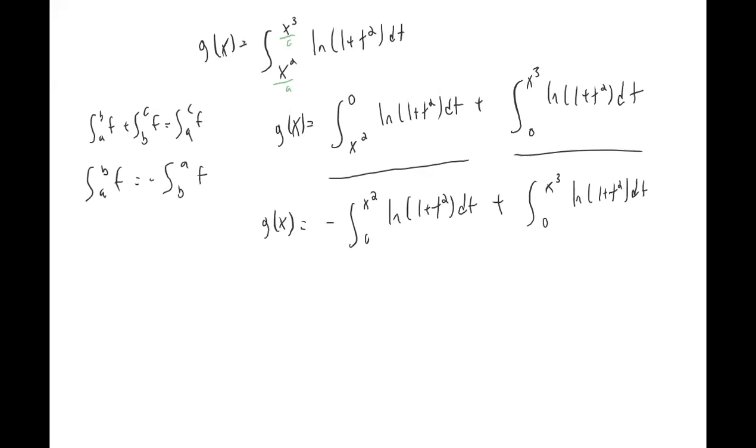Now G prime is, hopefully you know what to do by now: plug in x squared, 1 plus x to the 4th, times, so that we're doing it the fast way, the derivative of x squared, plus plug in x cubed. So what do you get? x to the 6 times the derivative of x cubed.